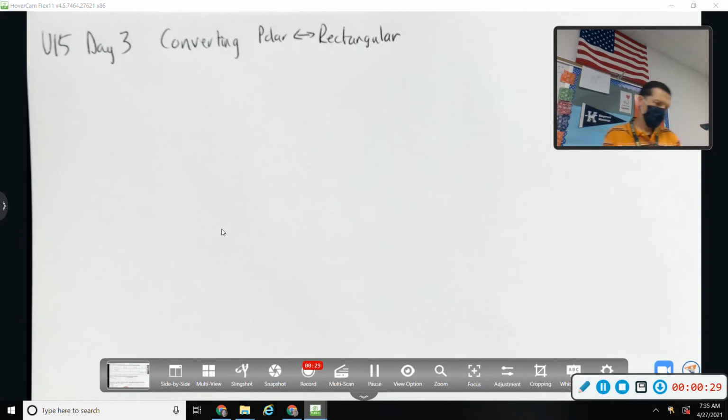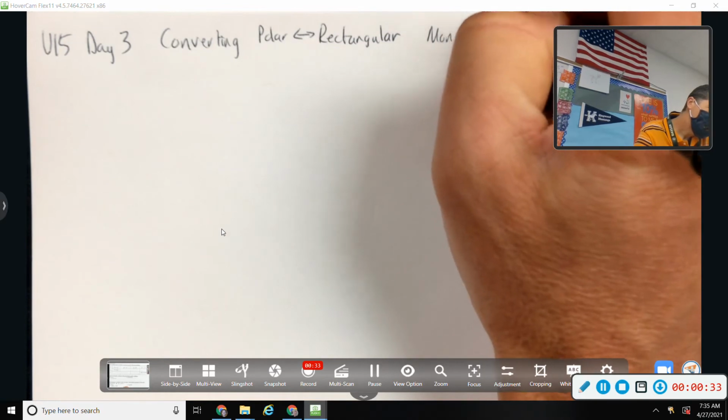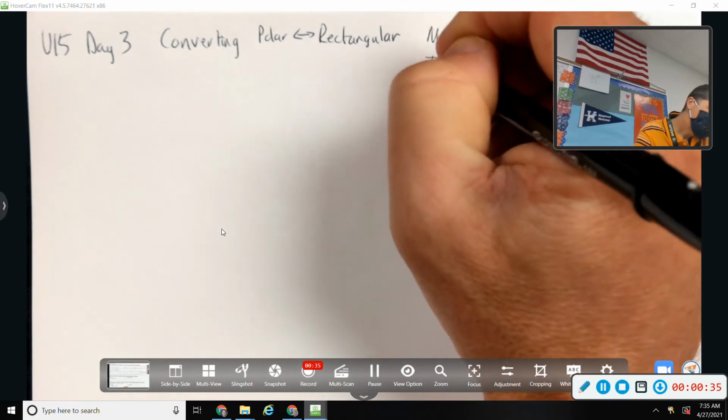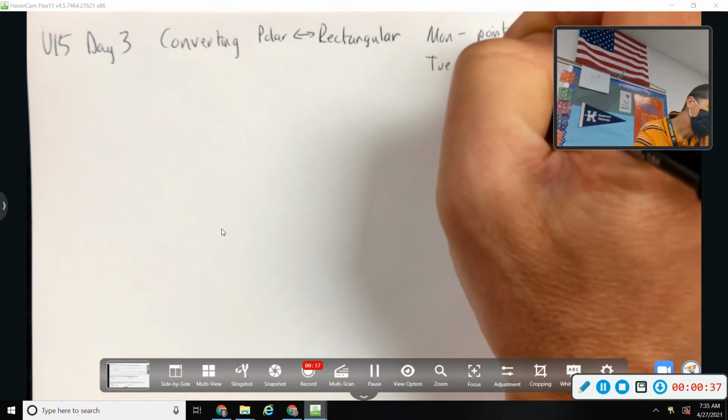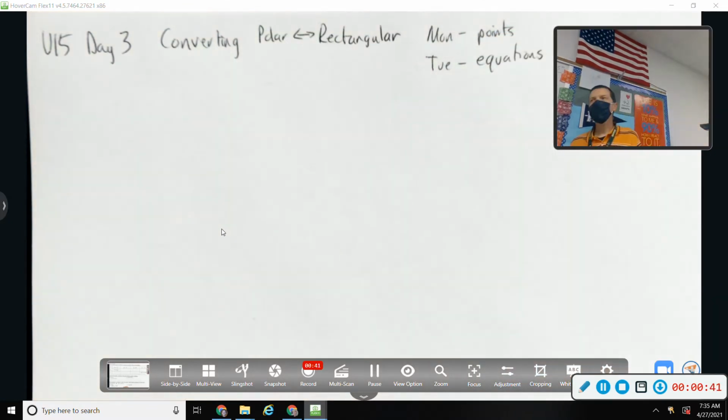But yesterday was points. Today is going to be equations. So very similar stuff, but different stuff because it's points versus equations.